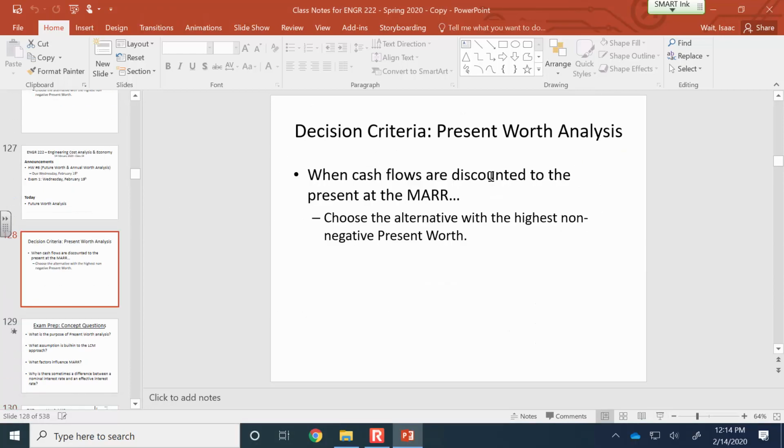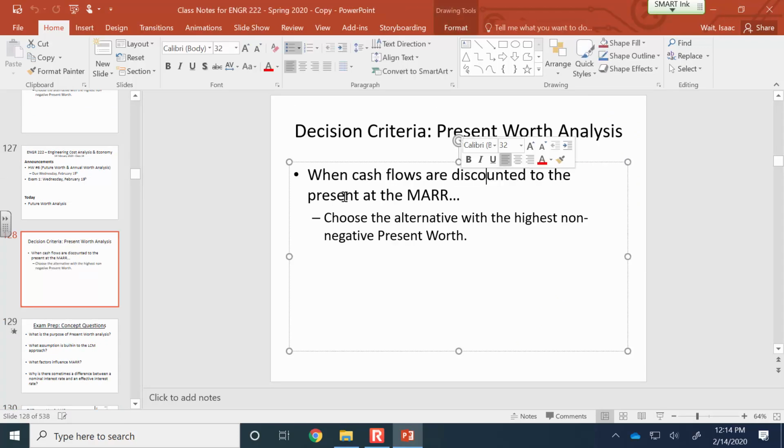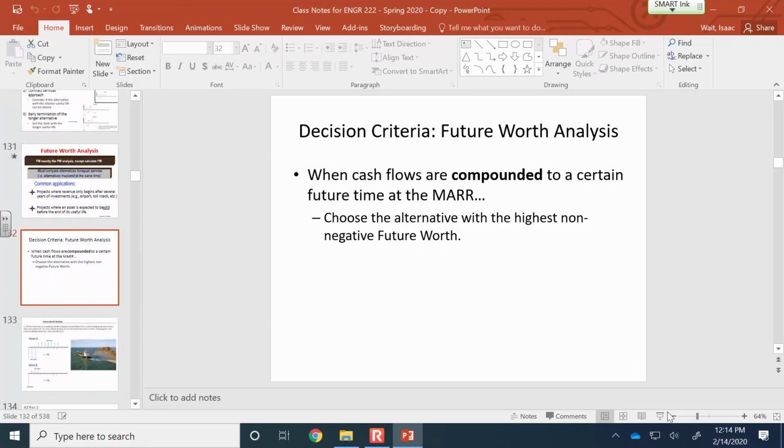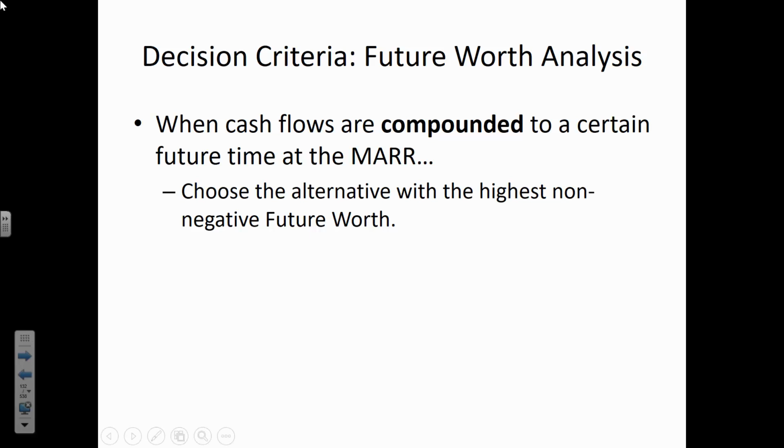this said when cash flows are discounted to the present. So remember, discounting is when you're moving money backwards through time and the amounts get smaller. Compounding is when you're moving money forwards in time. So our decision criteria is just a summary of the method. First of all, you're moving the money future in time. The amounts are going to be getting larger because of the inflation effect. You use the MAR as the interest rate.